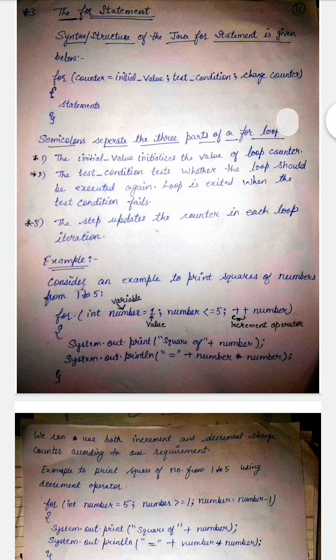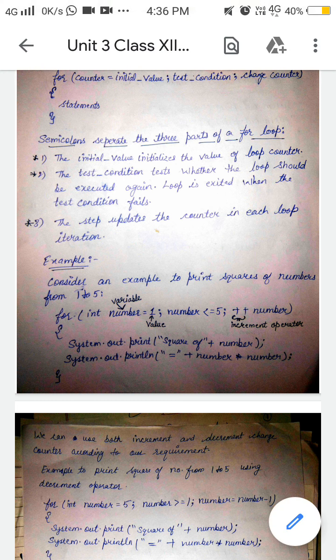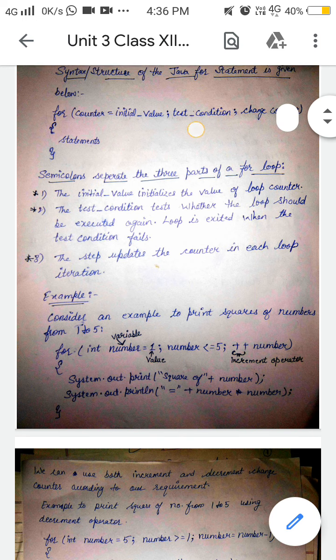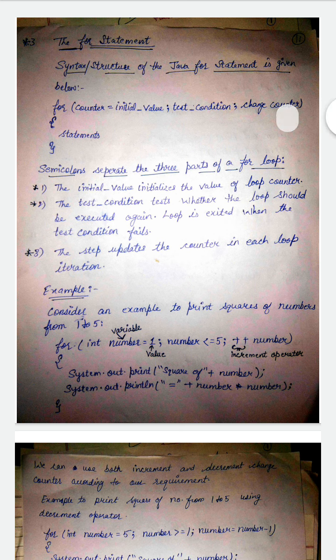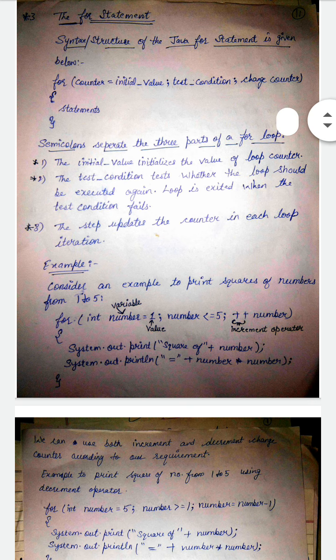The step updates the counter in each loop iteration. So firstly we will initialize the value, and then we will test the condition. If this condition is true, then the statements inside the for statement will get executed. After the execution of these statements, the control will come to the change counter.